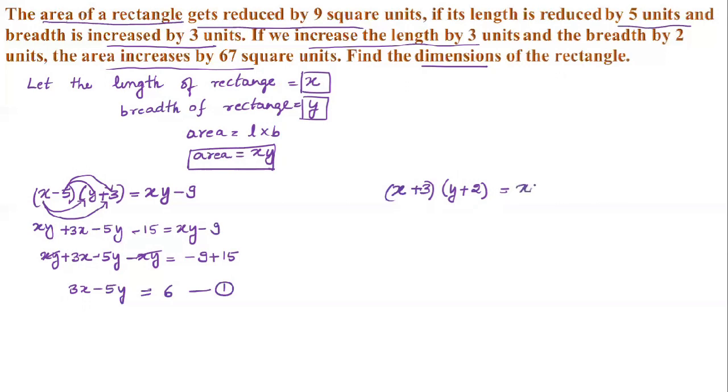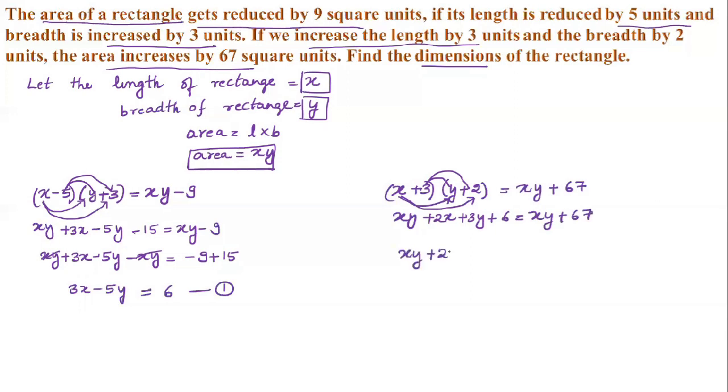Area becomes xy increased by 67, that is xy plus 67. Now simplify the equation. xy plus 2x plus 3y plus 6 is equal to xy plus 67.